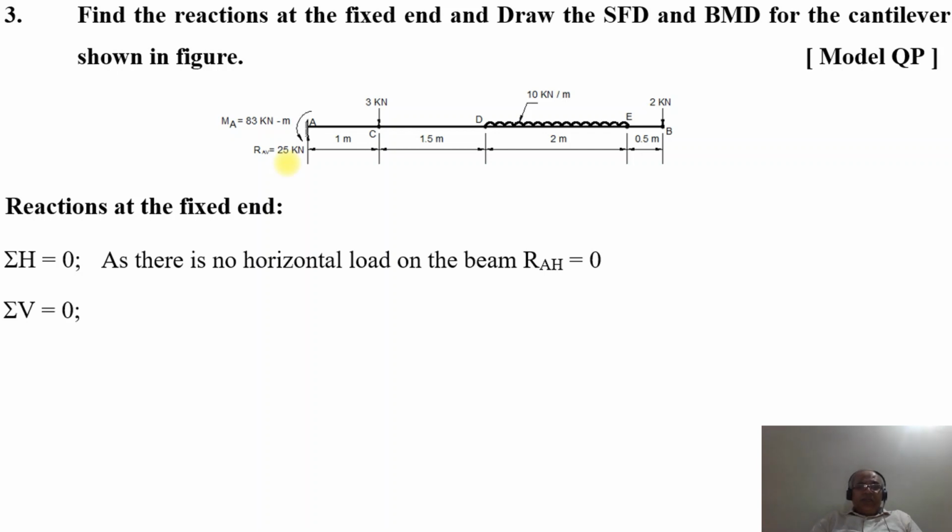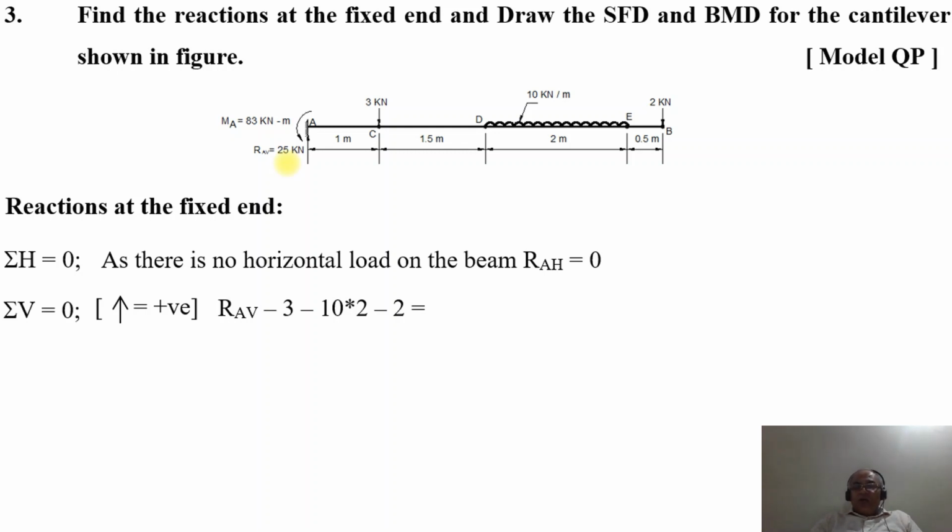Therefore, in this case, RAV minus the loads acting on the beam, which is 3, minus 10 into 2, because the UDL acts over a span of 2 meters. Since it is 10 kilonewton per meter for 2 meters, it becomes 10 into 2, which is 20.